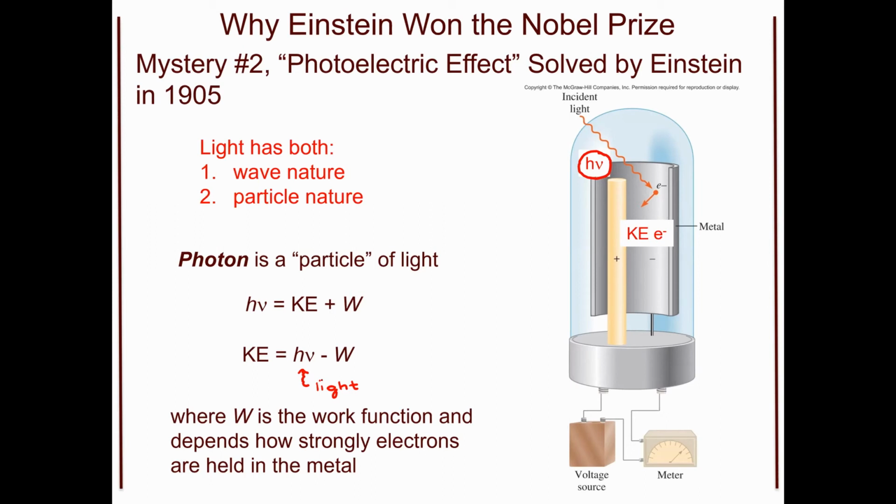But if our light coming in has a large enough energy that if we subtract the work function from it, we are going to get a positive kinetic energy. If we get a positive kinetic energy, we have to go back to our physics idea and say 1/2 mv squared is our kinetic energy, and we can now calculate the velocity of those ejected electrons.